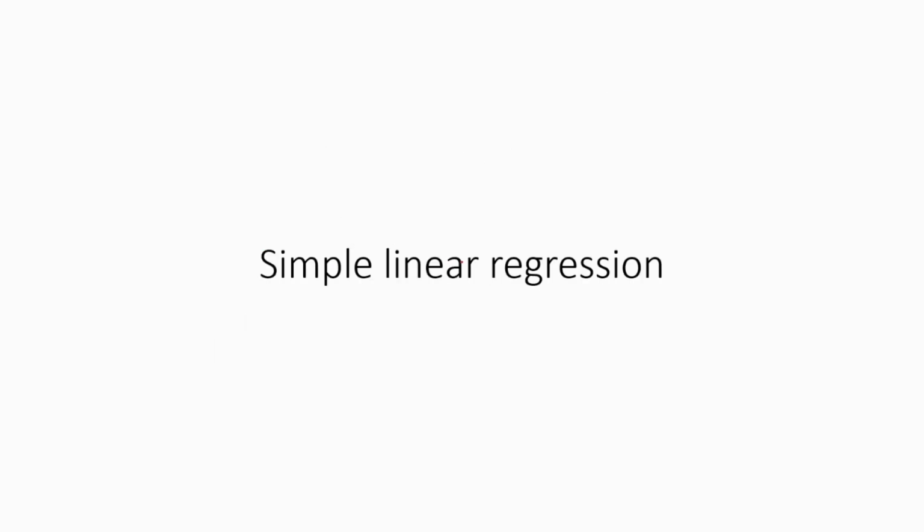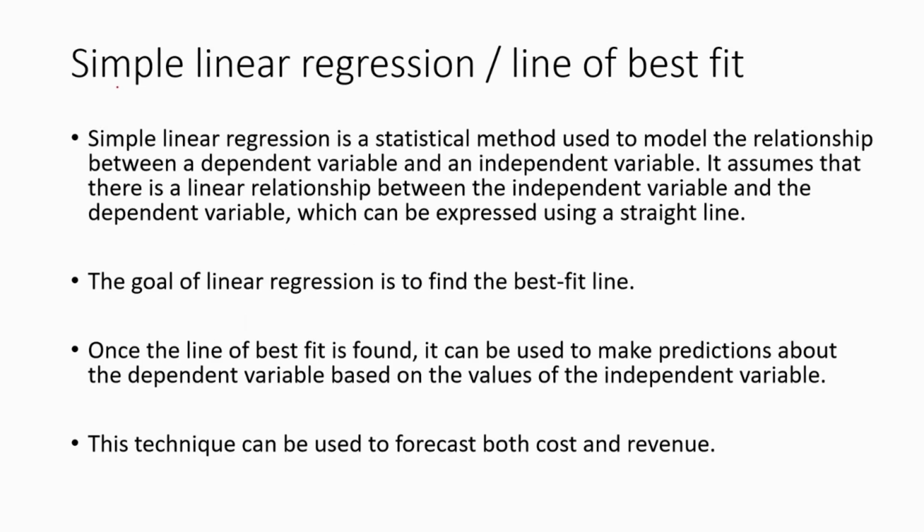Simple linear regression method. This is also called the line of best fit. Simple linear regression is a statistical method used to model the relationship between a dependent variable and an independent variable. It assumes that there is a linear relationship between the independent variable and the dependent variable, which can be expressed using a straight line.